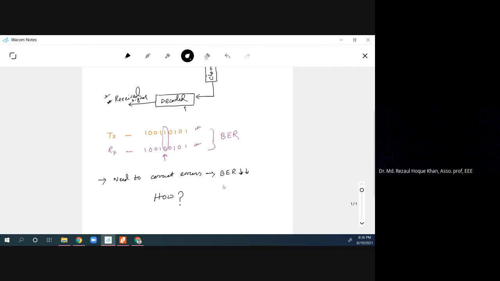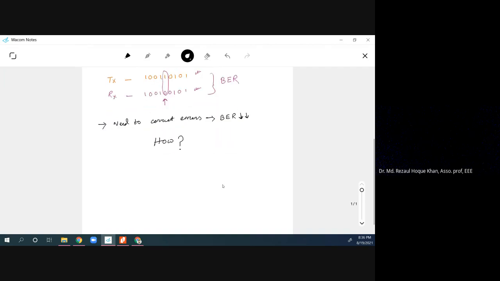Now see a simple example. For example, we want to transmit 1 0 0 1 1, whatever this one.